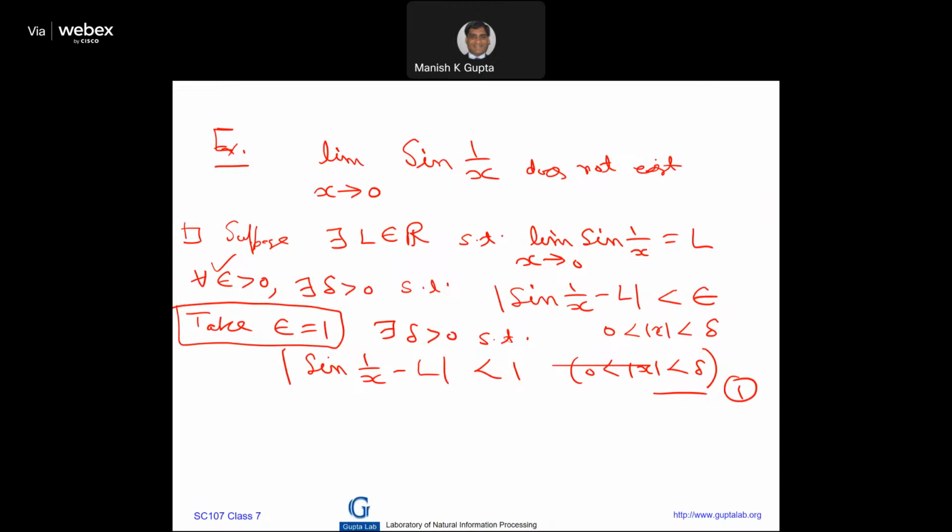Similarly, I will be able to find some values of x for which this function is minus 1. This comes from observing the beauty; there is no other way. Look at the sine function. So I'm going to choose those values of x and see what happens.